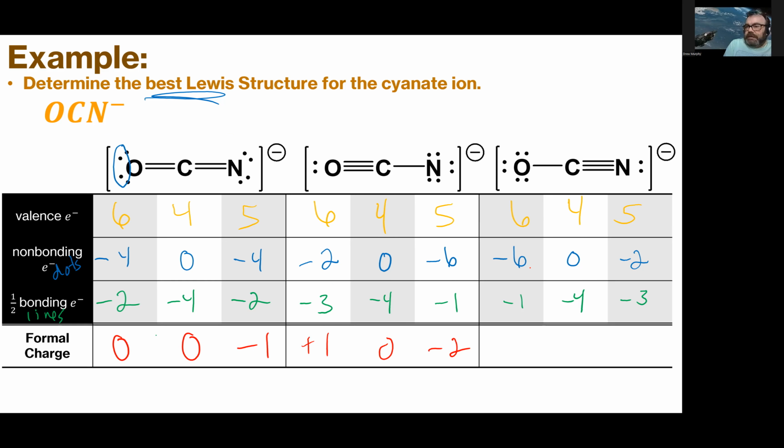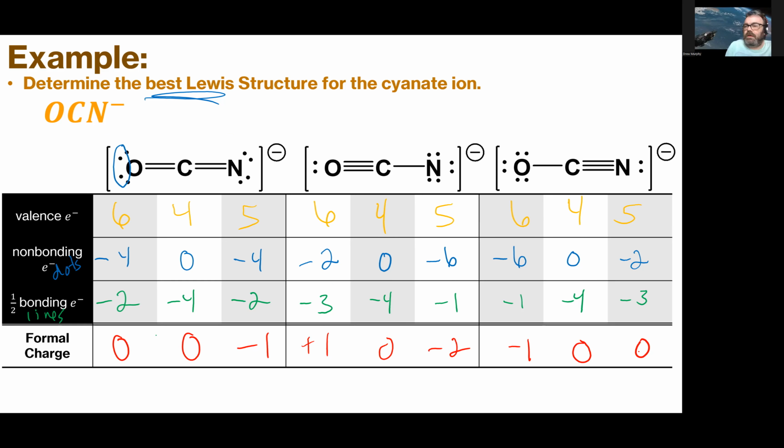Then over here, 6 minus 1 is negative 1. 4 minus 4 is 0. 5 minus 2 minus 3 is plus 1. No, that's 0. I'm an idiot.